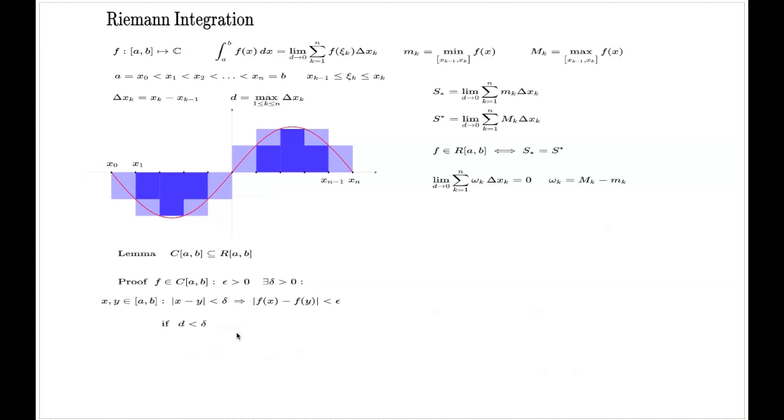Then every single individual interval will be less than delta in length, and more interestingly, the oscillation of my function over such a subinterval will be less than epsilon. Now all we have to do is carefully estimate this sum.